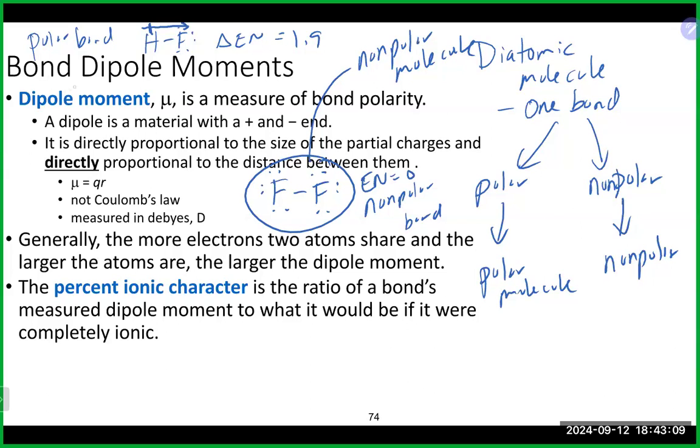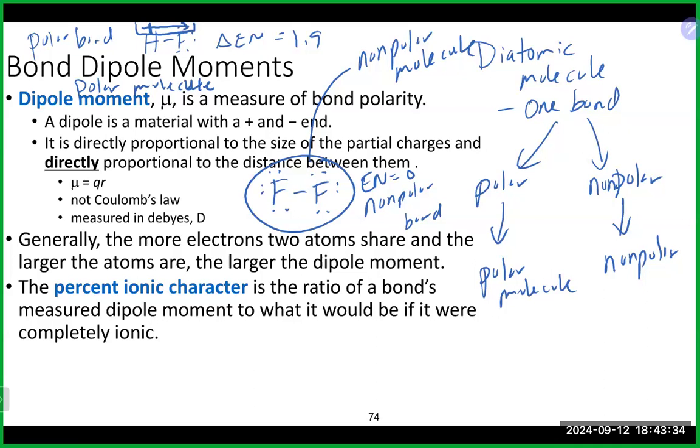And that would also mean that this is a polar molecule because that is the only bond that's present. And as I think we talked about, which was a question last time, that would also be the dipole moment. So only polar molecules will have a dipole moment, which means the overall distribution of electrons within the molecule as a whole is unequal.